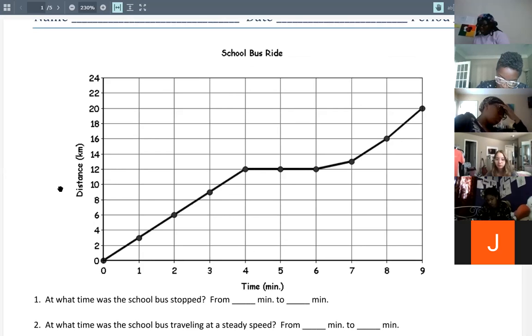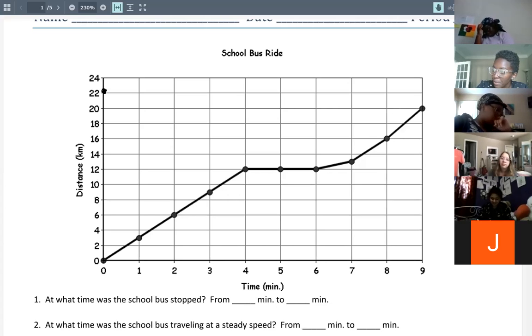All right, so just looking at this, remember we talked about slope just for a little bit. If you were looking at this, could you tell me from at what point, so if we look at this, right, this is the period of time. So 1 minute, 2 minutes, 3 minutes, 4 minutes, 5, 6, 7, 8, 9. And then this is how far they're traveling.